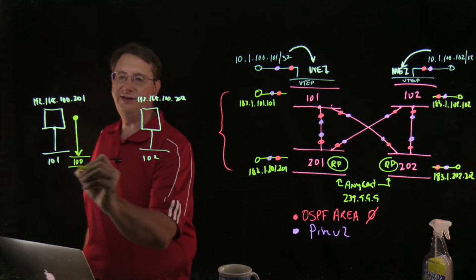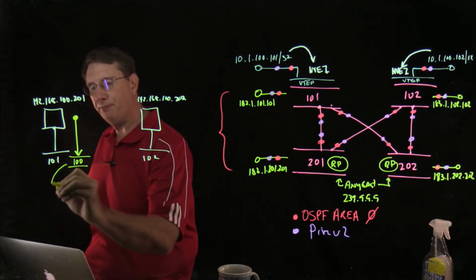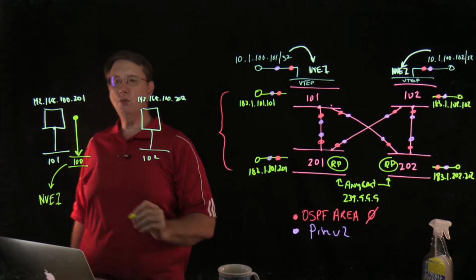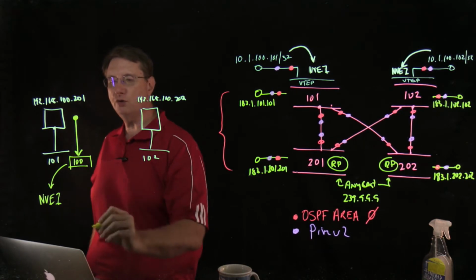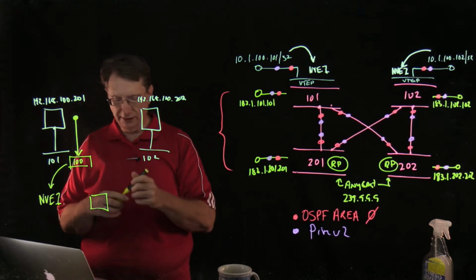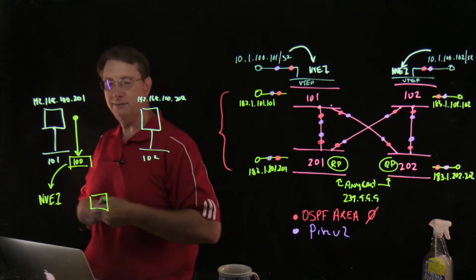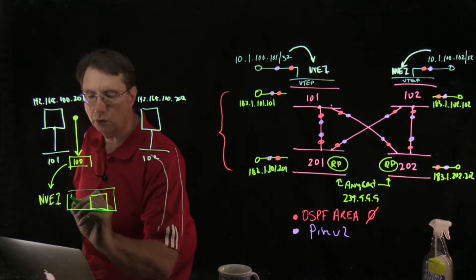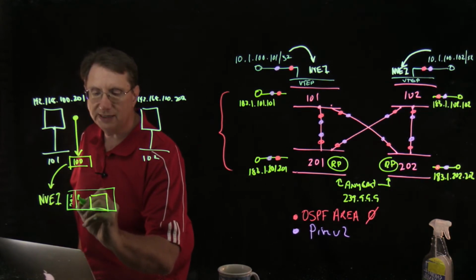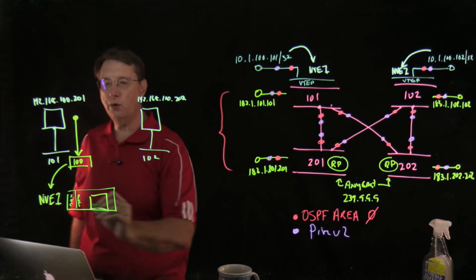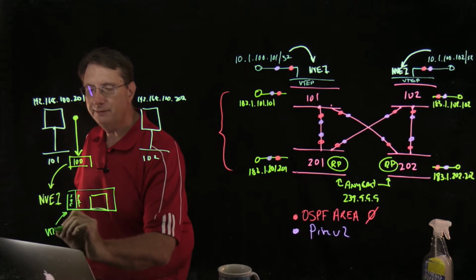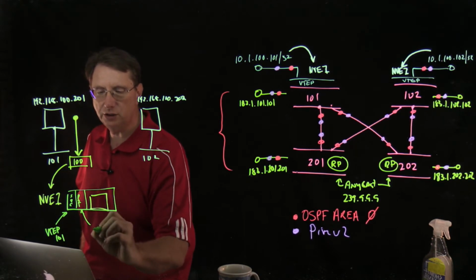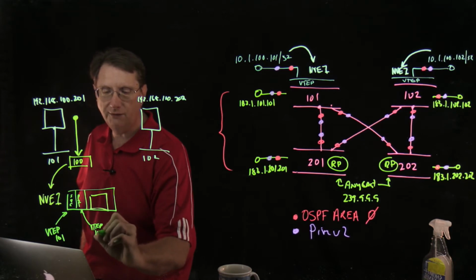Since it is actually in VLAN 10, it gets passed to the NVE interface, NVE1. That original frame is then re-encapsulated into a VXLAN header, and that VXLAN header has its own source and destination addresses: the source is the VTEP of 101, and the destination is the VTEP of 102.